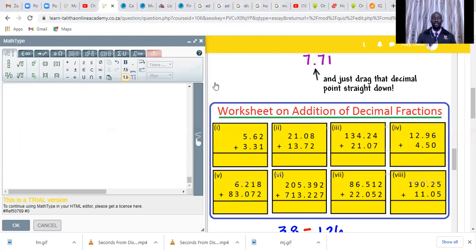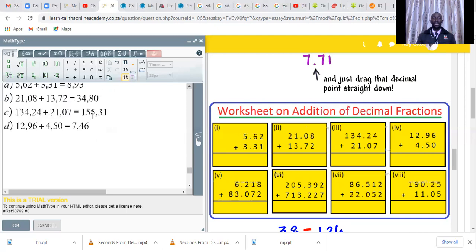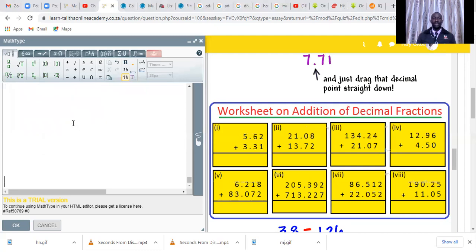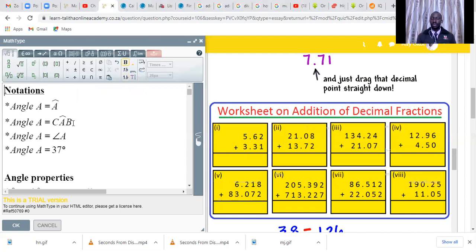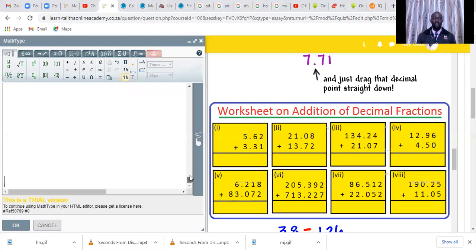So yes, stay as 1 right there. The 1 will stay right here.